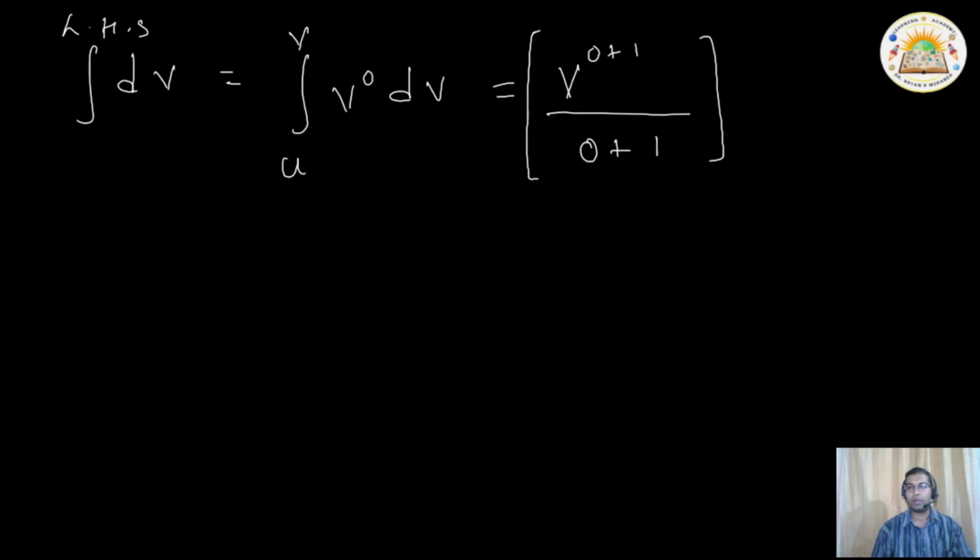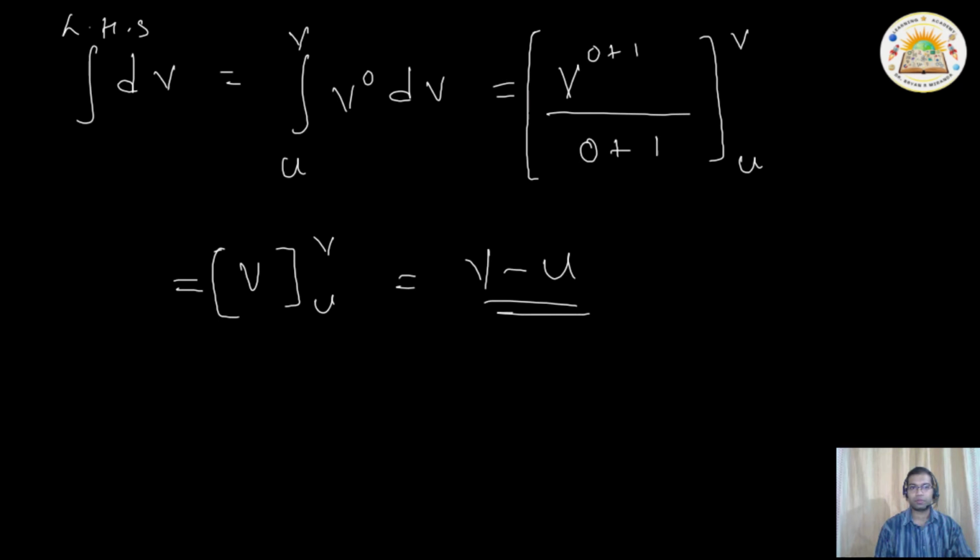And this is how we are going to write the limits. As soon as integration is performed, we put square brackets and write the limits. It has to be upper limit, that is the final velocity, minus lower limit, that is the initial velocity. So I have v varying from the initial to final. So we get this as v minus u. So this is our LHS.